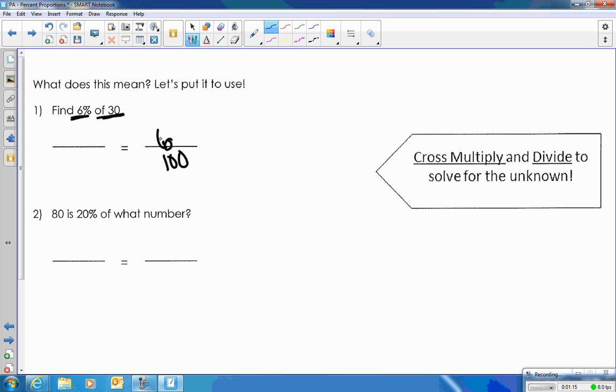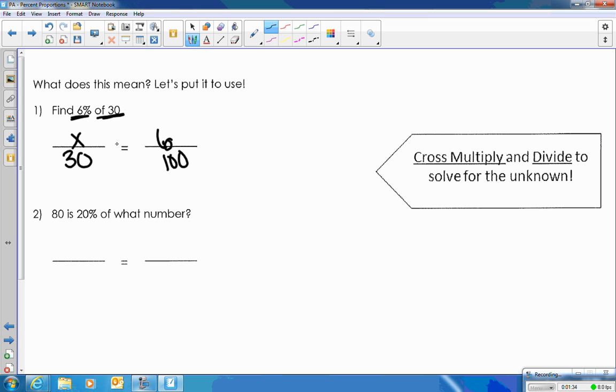We don't know what it is, so we put our x there. So we're finding 6% of the total amount 30. So the "of the total" 30 means your bottom is your total. I know that seems a little confusing, but once we do a few more problems, you'll get the hang of it.